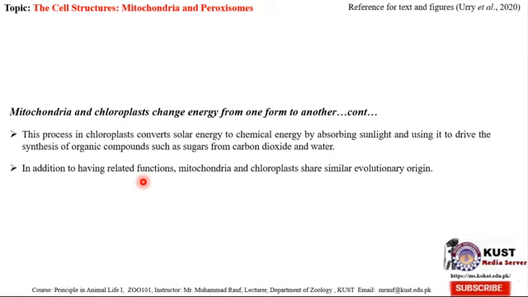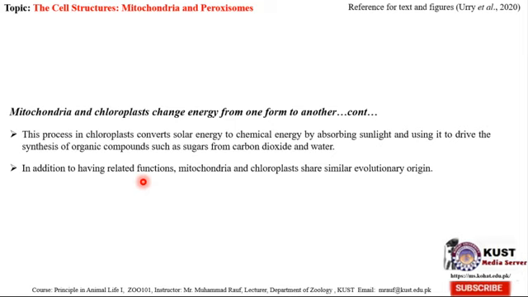So in mitochondria, the energy which is liberated as the electrons move from one carrier to another carrier is used to pump protons to the intermembrane space, and then as these protons move back to the inner lumen through ATP synthase, ATPs are generated.